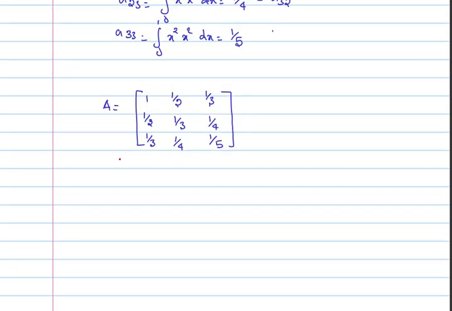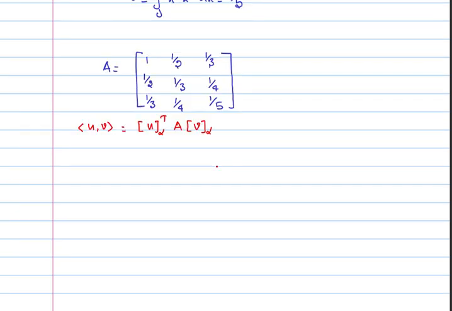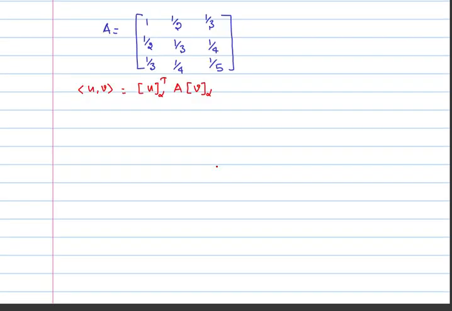Now you want to find the inner product of U comma V, which is the coordinate vector of U transpose times A times the coordinate vector of V.